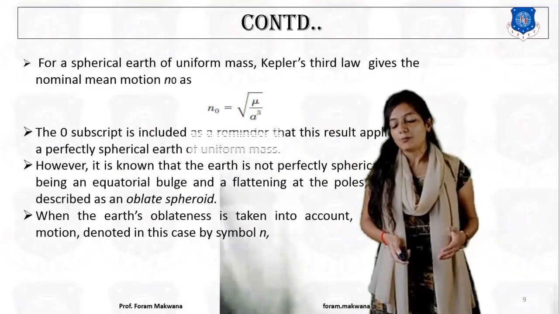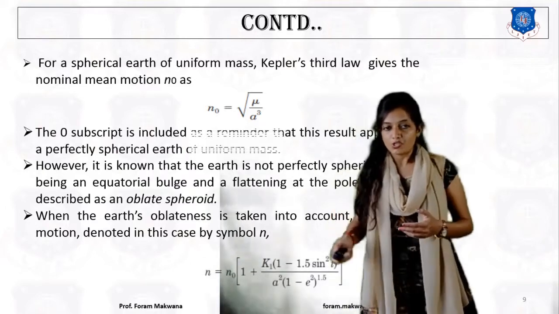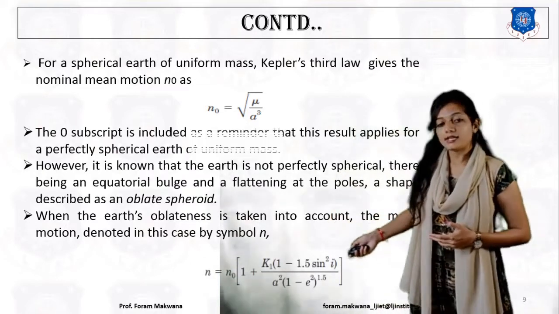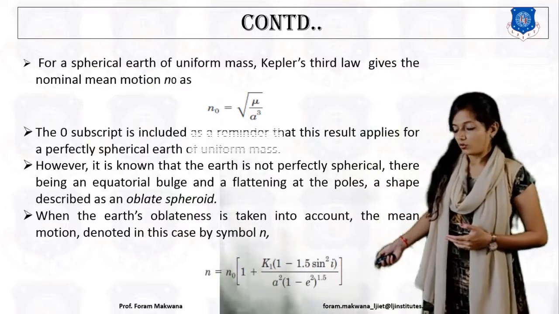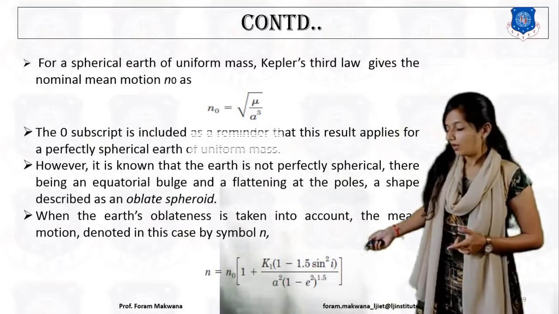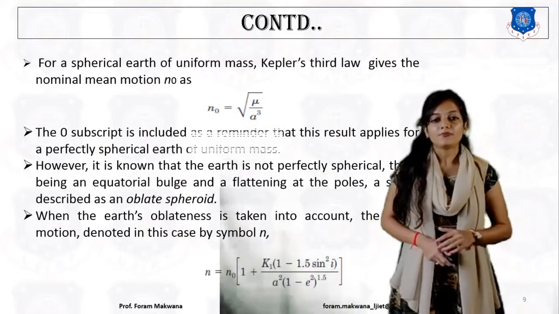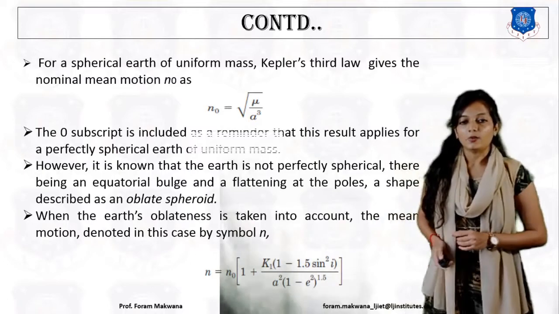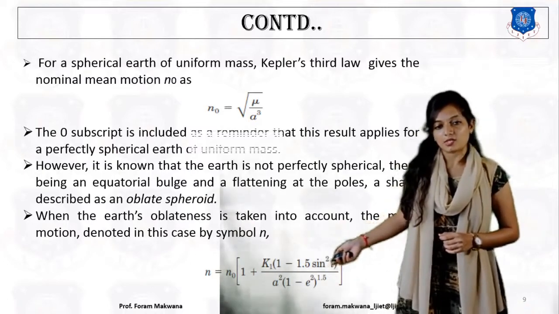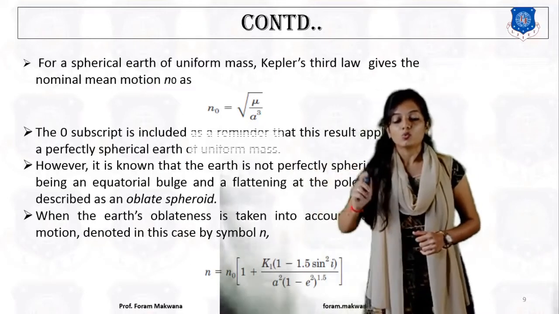But the shape of the Earth is not perfectly spherical. So the equation will change to eta equals eta 0 times (1 plus k1, where k1 is a constant, times (1 minus 1.5 sin squared i), where i is the inclination angle, divided by semi-major axis a squared times (1 minus e squared) raised to 1.5).